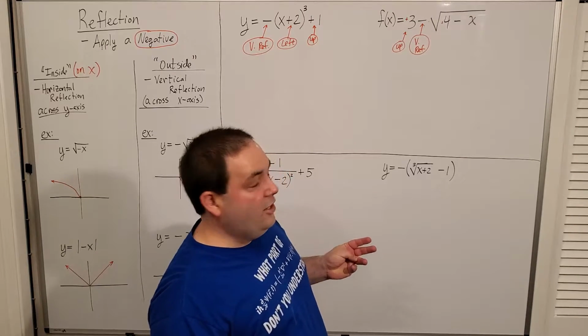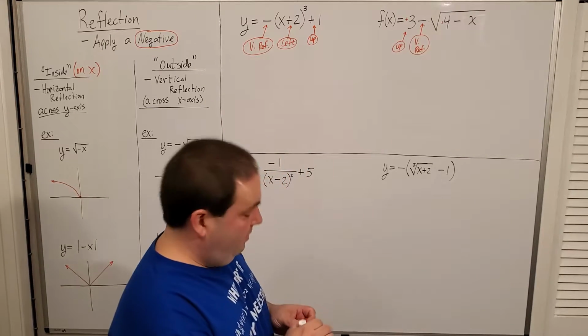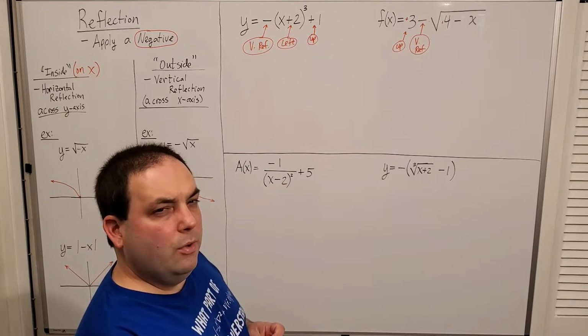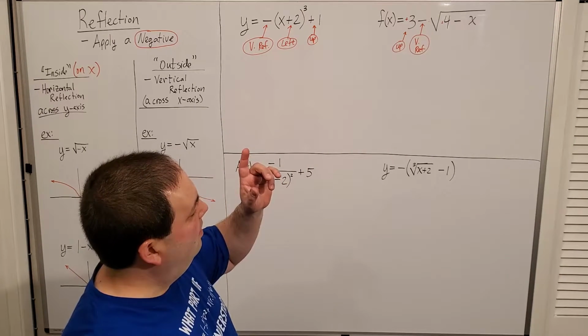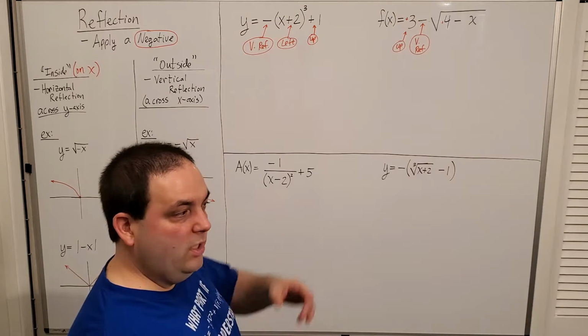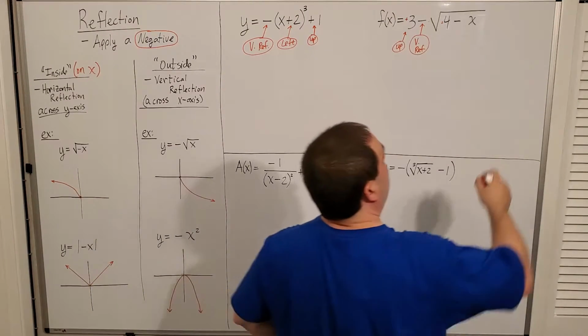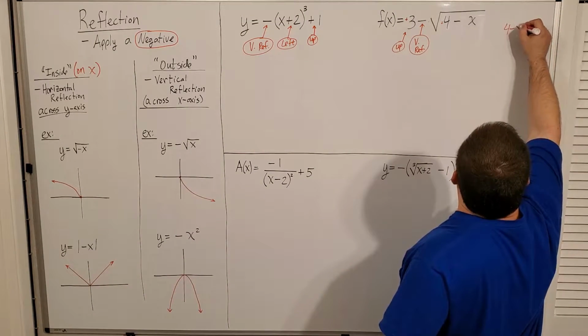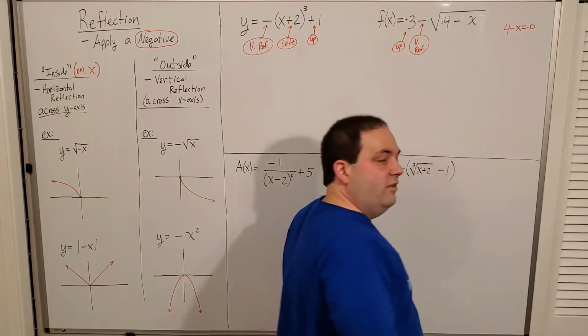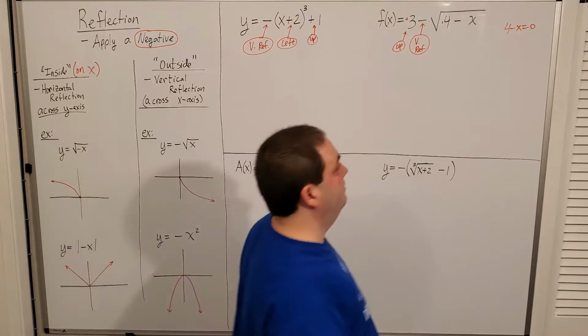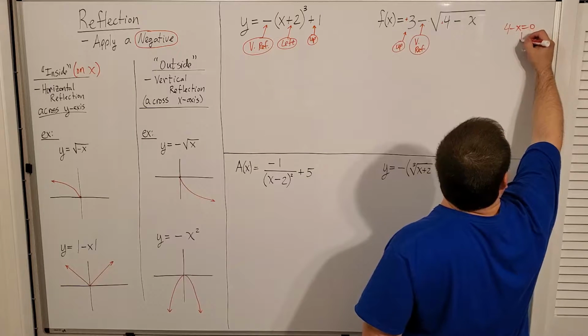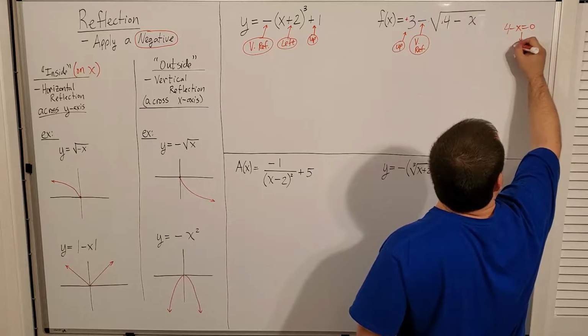Okay? And you need to just take a step back for a second and think. What number makes this 0 on the inside? What zeroes out the whole thing? In other words, 4 minus x equals 0 would give me what answer for x? Notice if I solve that, I get x equals 4.